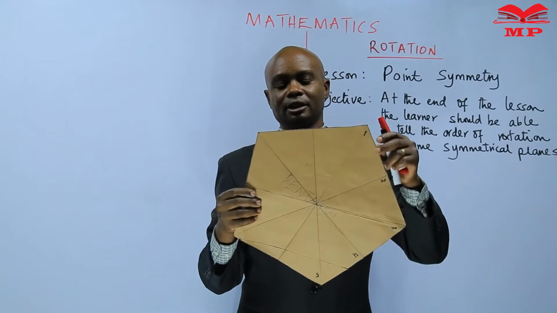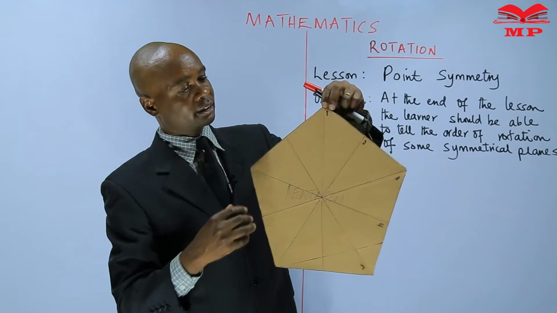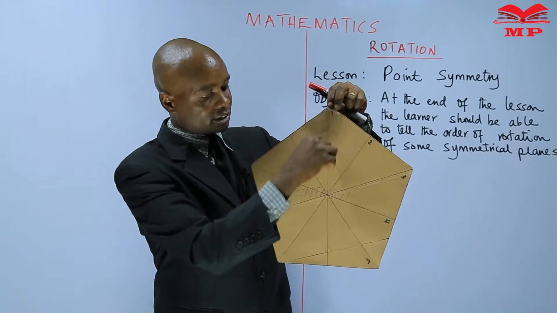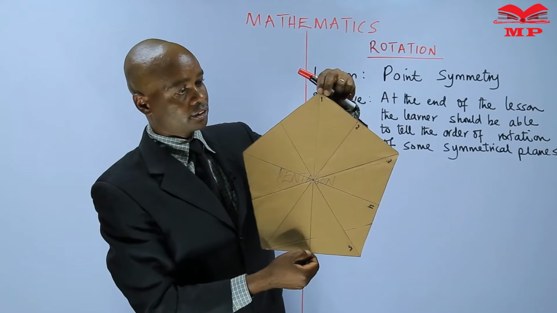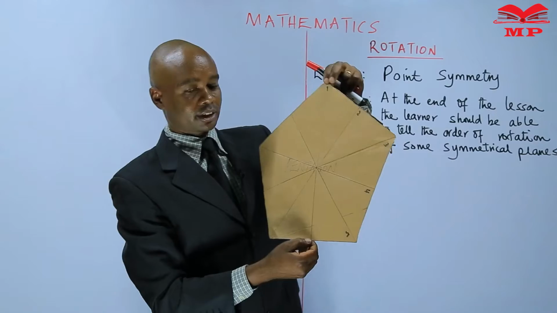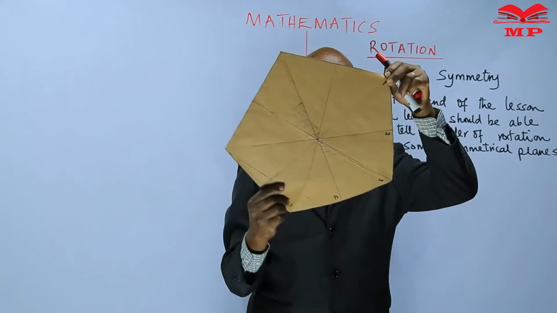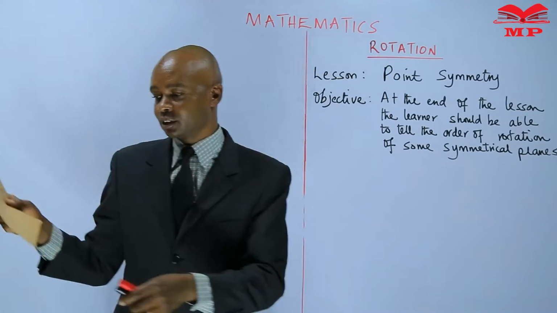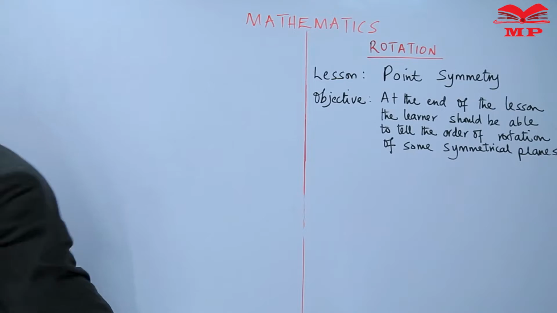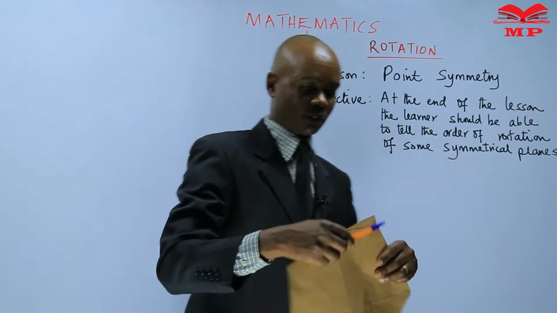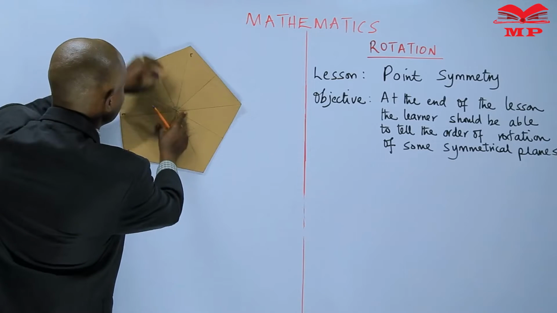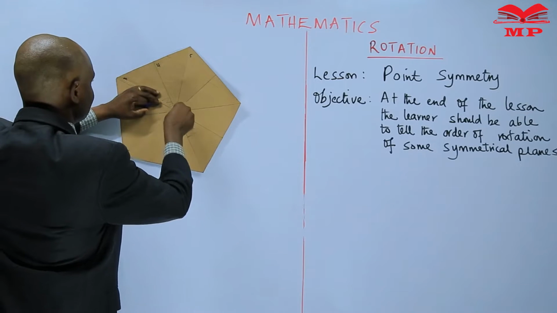And we said the lines of symmetry rise from the vertex to the center and strike the center of each side. Like for instance, this pentagon has 5 lines of symmetry.